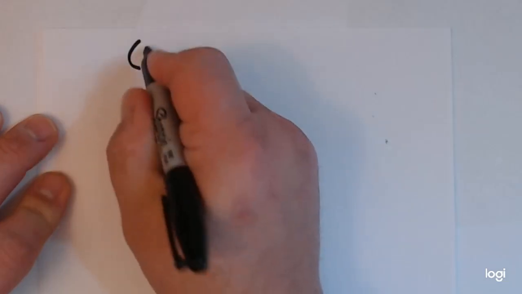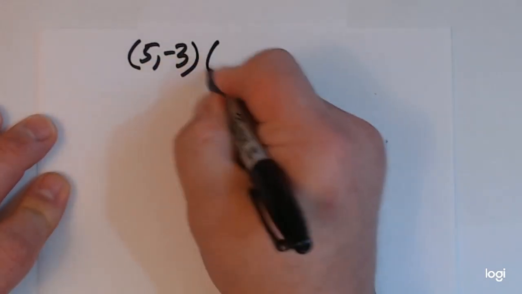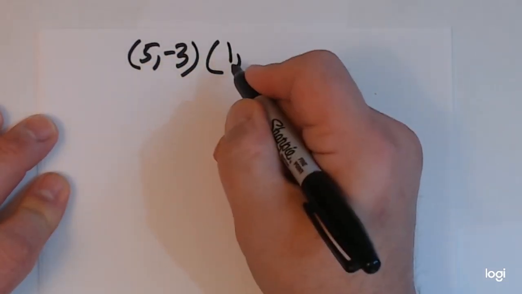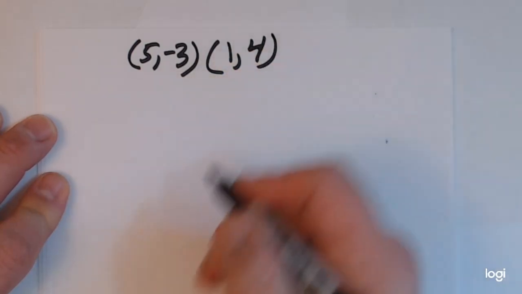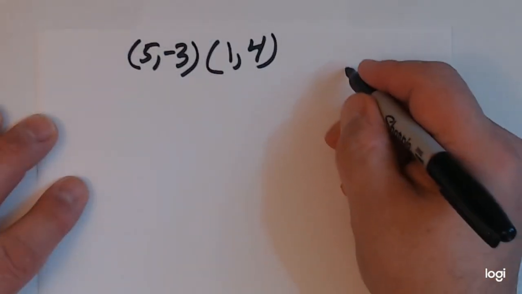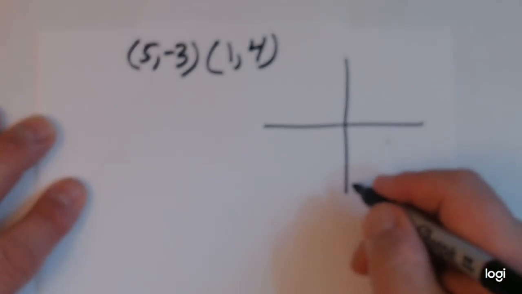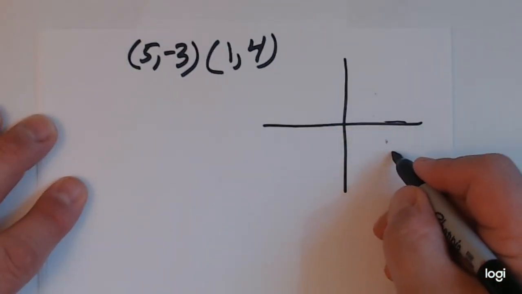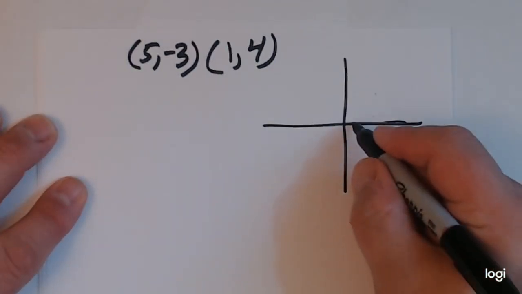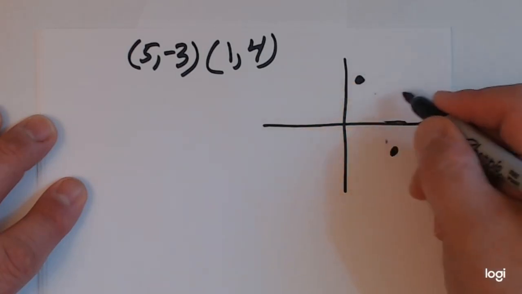How about 5 negative 3 and 1 comma 4? So if we graph this thing, we have 5 negative 3 and we have 1 4.